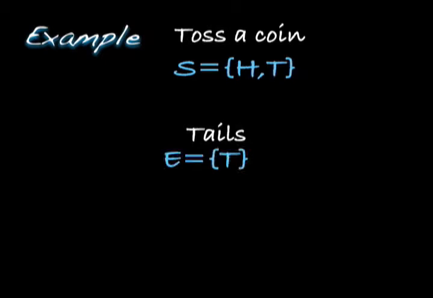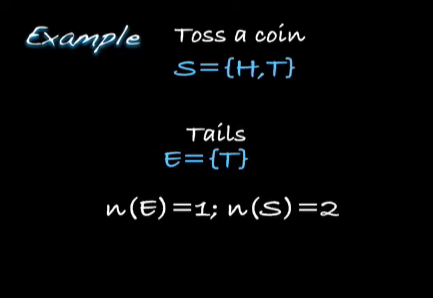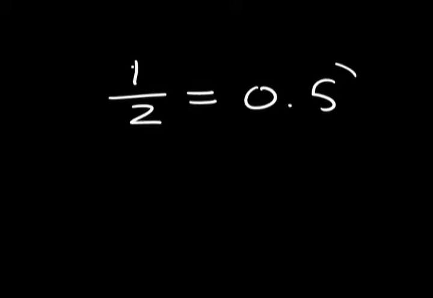The event of the tails corresponds to the one outcome, which is the T. Since there's one outcome associated with the tails out of the two possible outcomes, we can determine the probability. There is one outcome out of two possible outcomes consisting of tossing a tails. We have seen numerically that the answer is 0.5.